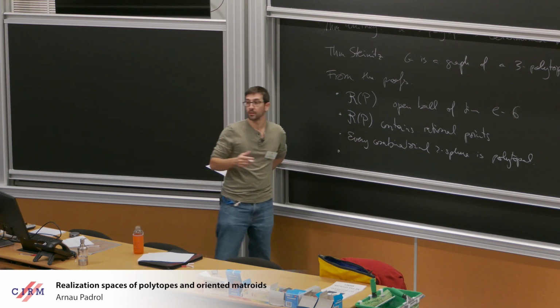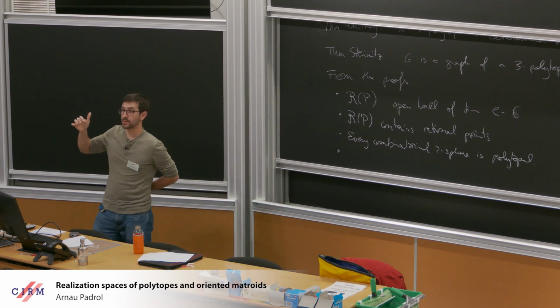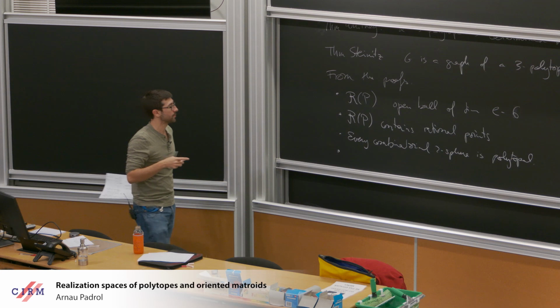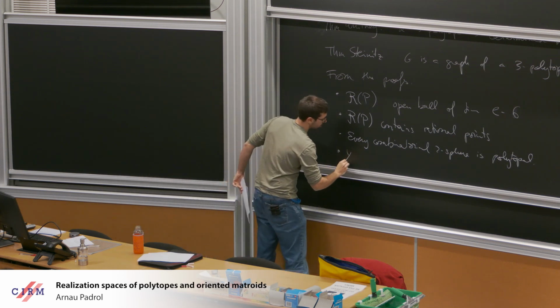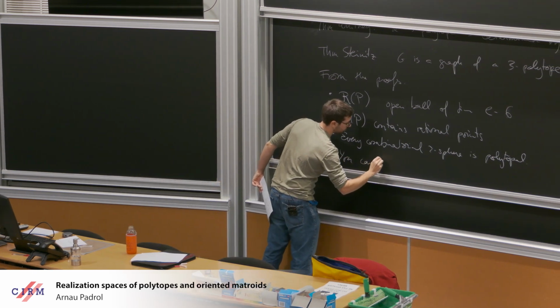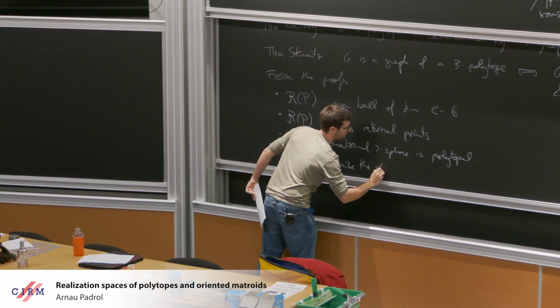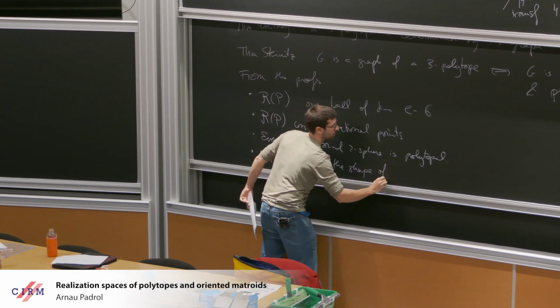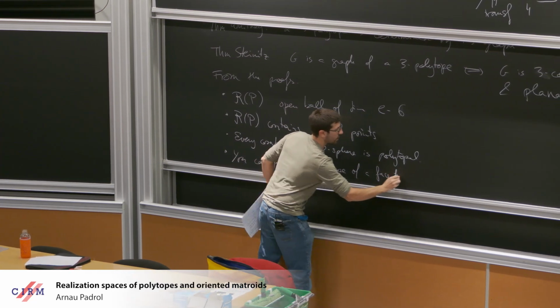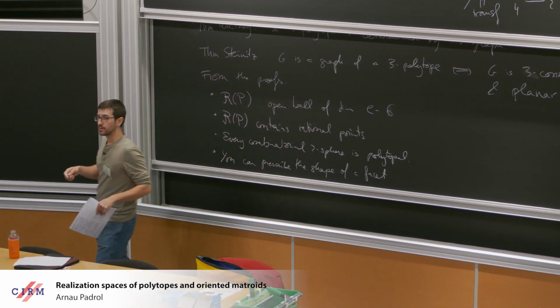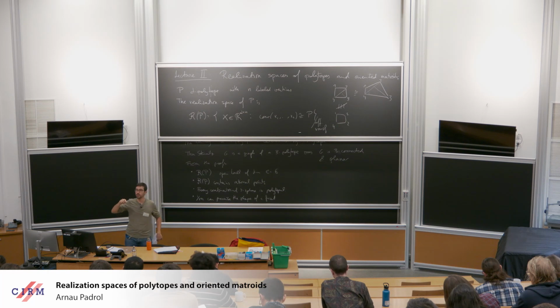Which is not what will happen in higher dimensions, as we saw yesterday. And you can prescribe the shape of a facet. What I mean by that is you have your favorite three-dimensional polytope, which has facets that are polygons, and you want to draw it, okay?